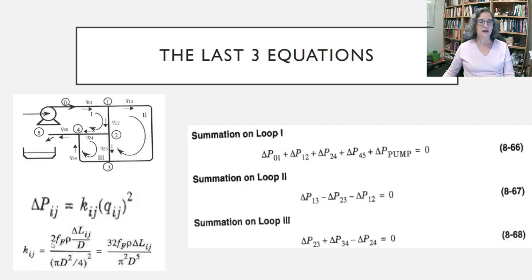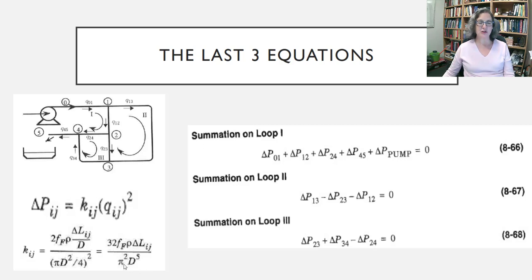So if we do this, I'm going to figure out Kij for each pipe section. Kij will be different. Okay, so I'll have to calculate a Kij for this part, a K12, a K23, a K24, right? I'm going to have to calculate those for each one, but it's based on the length of the pipe, the density of the fluid, the friction factor.